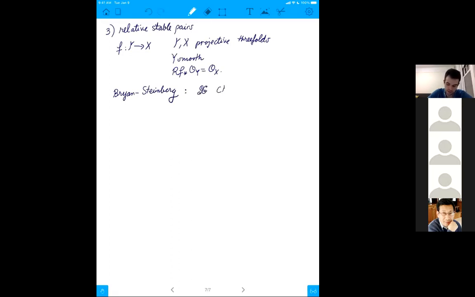So for certain Calabi-Yau threefold orbifolds, for example C^n mod Z/n, where the action here is with weights k, minus k, 0, this has a coarse space.